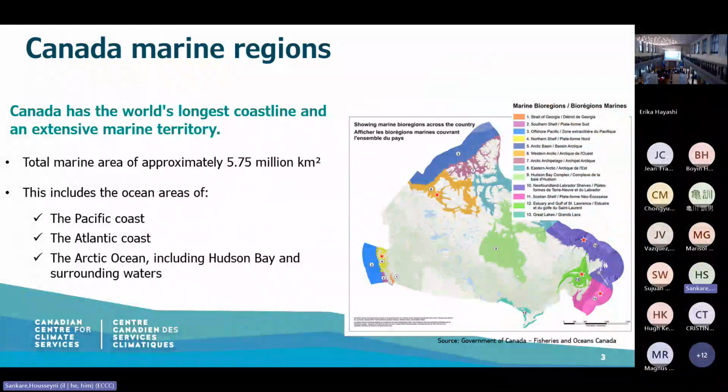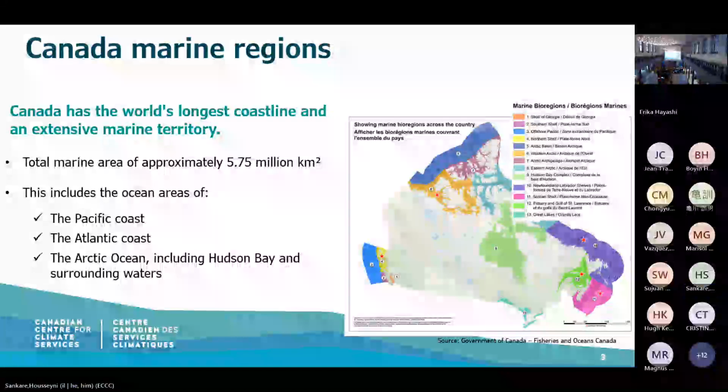You know, Canada has the world's largest coastline and an extensive marine territory. The total marine area is approximately 5.75 million square kilometers. This includes the ocean area in the Pacific coast, the Atlantic coast, and the Arctic Ocean, including Hudson Bay and the surrounding water.